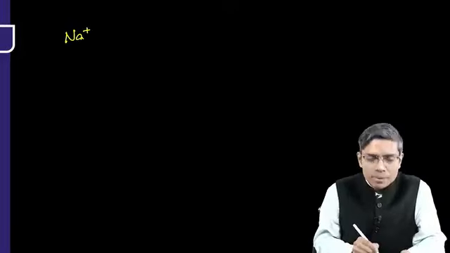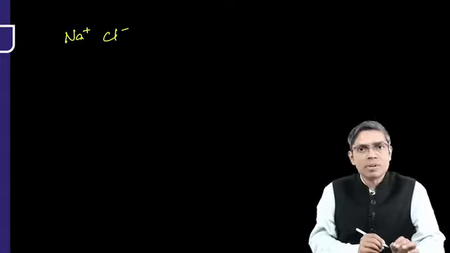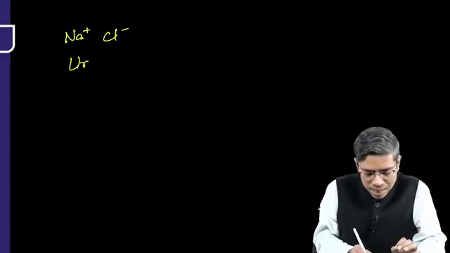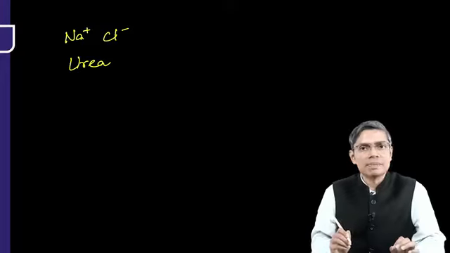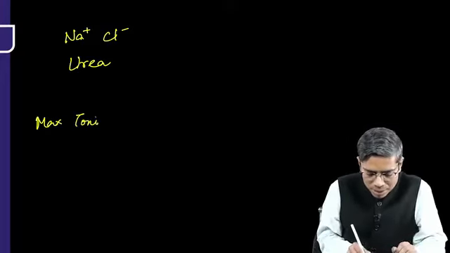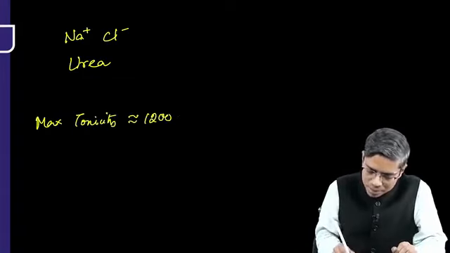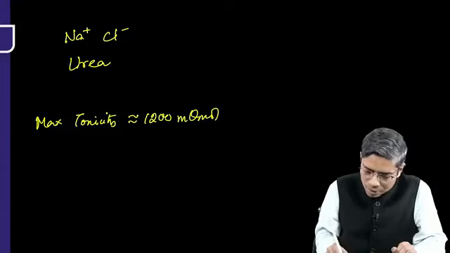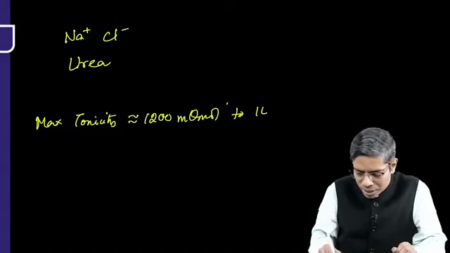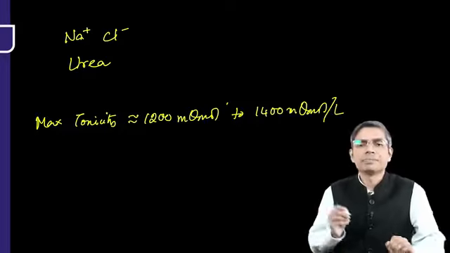Sodium is responsible for increasing the tonicity of the medulla. Chloride is also responsible, and urea is also responsible. It is said that the maximum tonicity of the medulla that can be reached is approximately 1200 milliosmol per liter to 1400 milliosmol per liter.